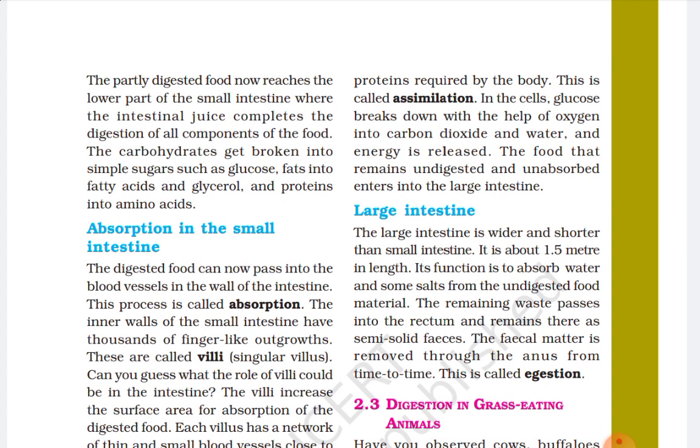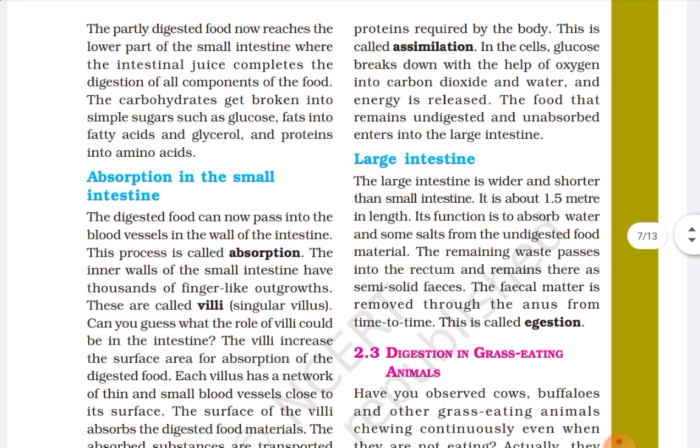Absorption in the small intestine. The digested food can now pass into the blood vessels in the wall of the intestine. The process is called absorption. The inner wall of the small intestine has thousands of finger-like outgrowths.